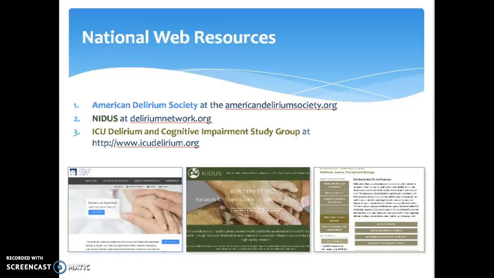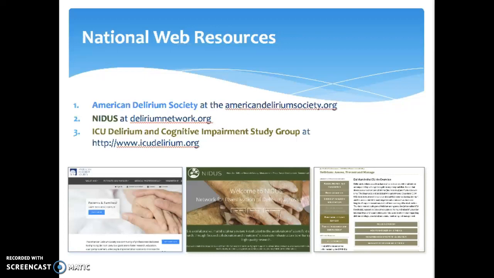Last but not least, there's the ICU Delirium and Cognitive Impairment Study Group. As I've mentioned throughout the presentation, delirium is often present in not only the ED but the ICU, and this site gives very specific information on what to look for and certain markers of delirium.